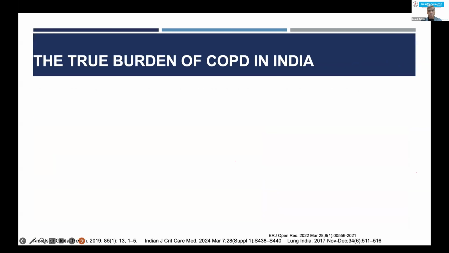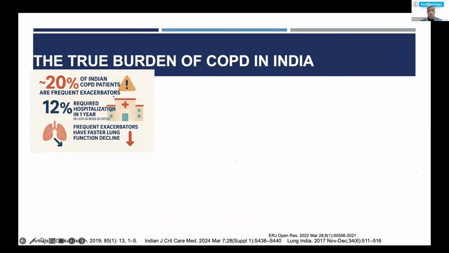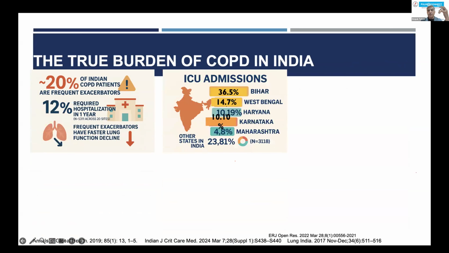Coming to exacerbations. Now, exacerbations are a big problem. You can see that there is a huge burden when it comes to exacerbations. Exacerbations have a very significant cost in hospitalizations as well as faster decline in lung function, and also increased mortality.